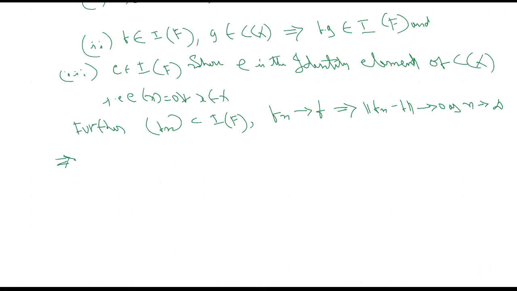So now Fn of x minus f of x is less than or equal to the norm of Fn minus f, which tends to 0 as n tends to infinity.